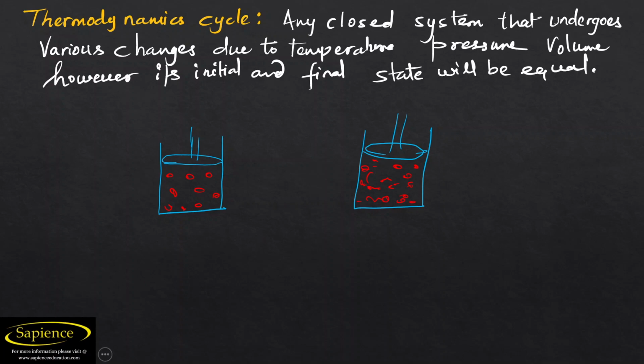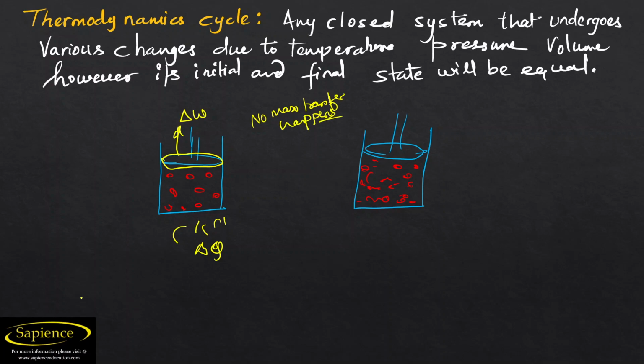Now after applying a force, heat will be applied, like del Q, and work will be done, del W. So there may be changes, but the system is closed and no mass transfer happens, because the system is a closed system.